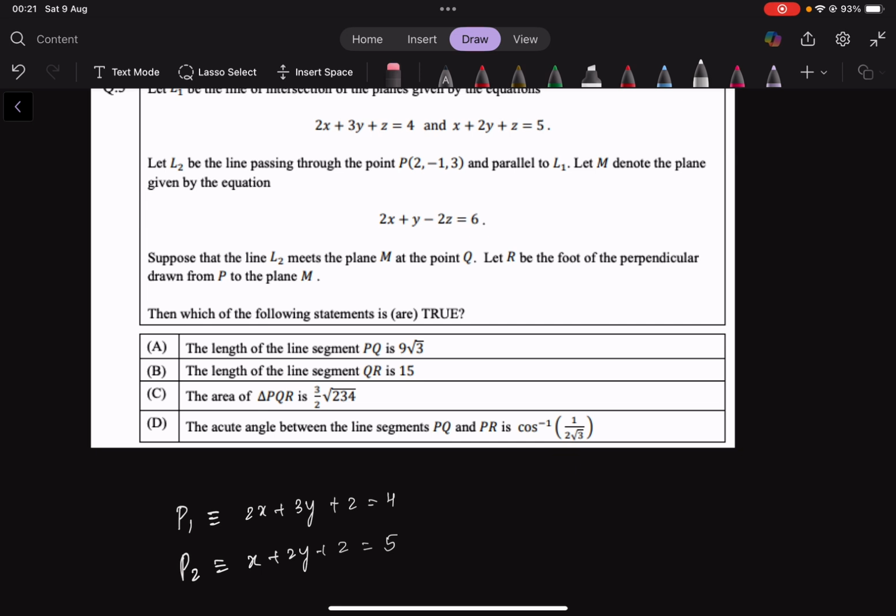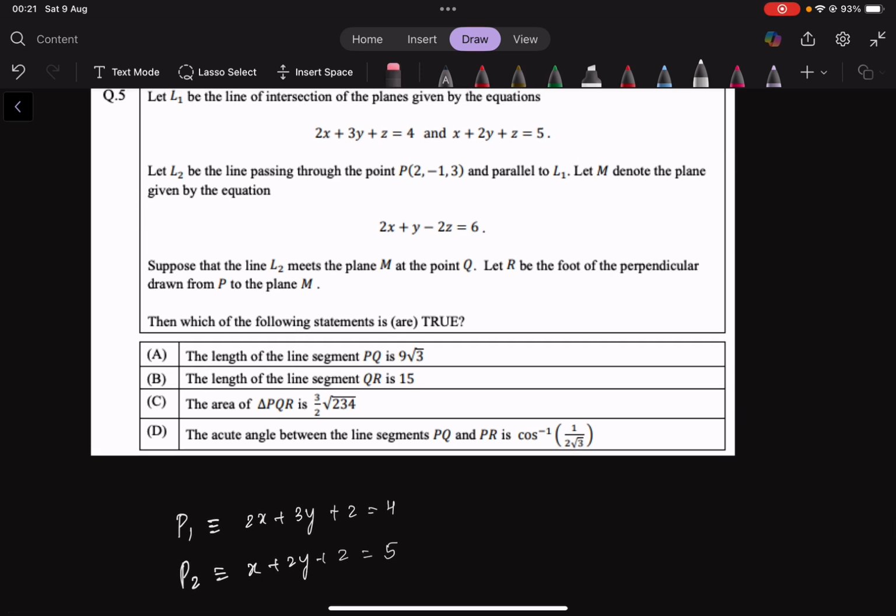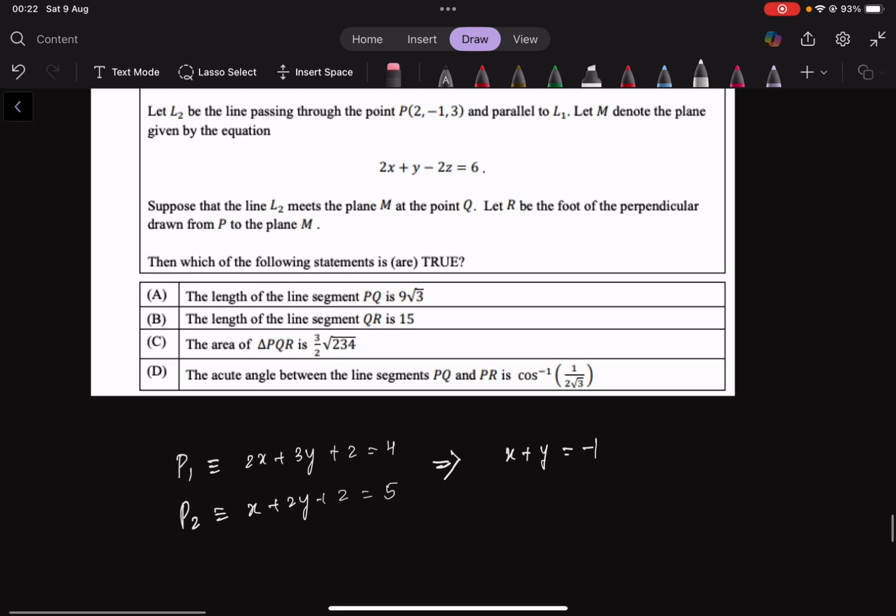Whenever two planes are intersecting, we'll have a line of intersection between them. If we subtract these two plane equations, we will get x plus y is equal to minus 1.